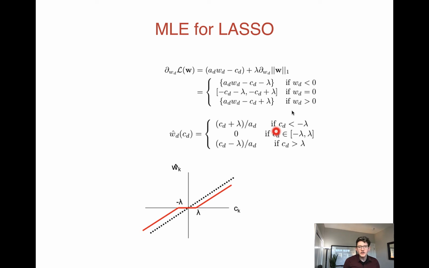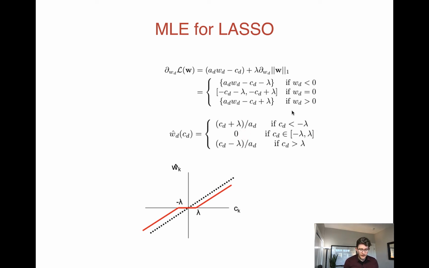If CD is a large negative number, then we set our weight to CD. The normal thing to set it to would be CD over AD. Instead, we're setting it to CD plus lambda, so it's a less negative number than it would be overall. Vice versa, if CD is a large positive number, we set it just to what we would before minus lambda. But if CD is within this range, then we just set it to 0.